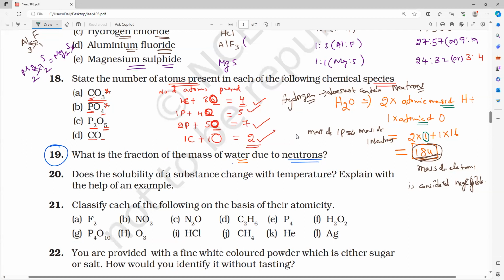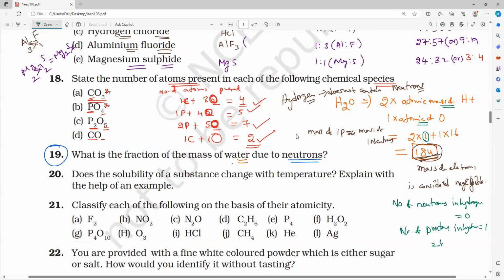So I remove the hydrogen mass. The number of neutrons in hydrogen is 0. The number of protons in hydrogen is 1.